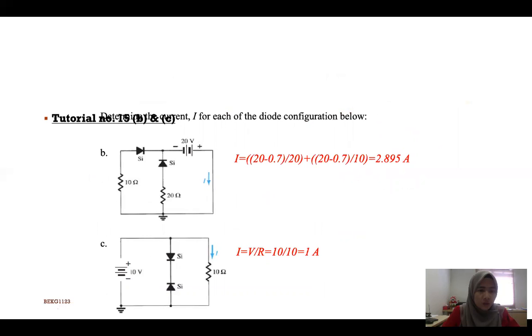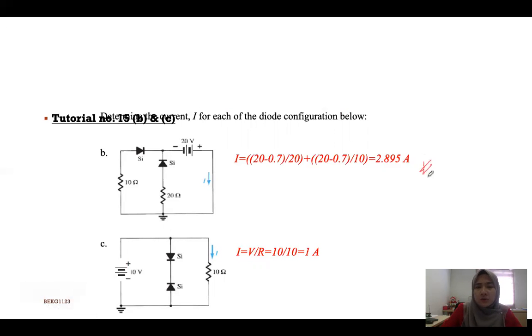Okay, so this is actually a question from the tutorial. I'm not sure whether I already uploaded the tutorial, but if not, I will upload it after this. This question is from tutorial number 15B and C. I want you to do it by yourself and you should get this answer, which is already given here.